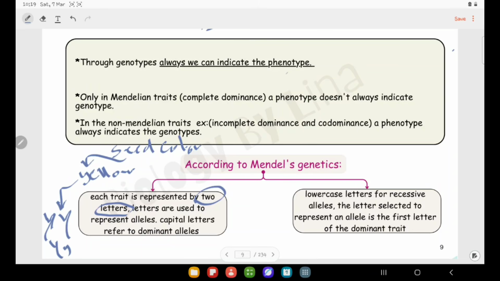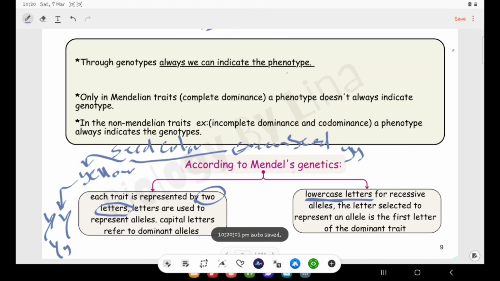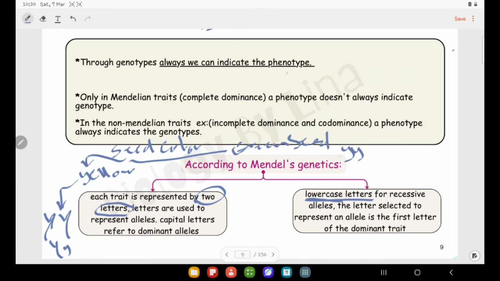And what if the trait is recessive? At that time, it will also be represented by two letters, but lowercase letters. Like for example, the green seed is represented by small y, small y. When we write it, we use the first letter of what?